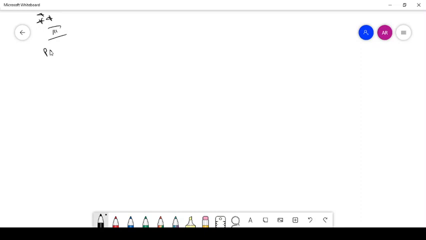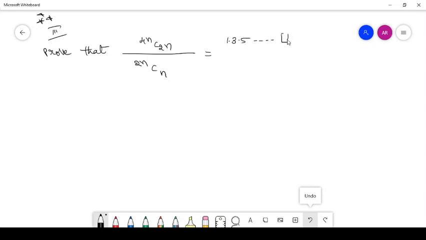Prove that 4nC2n by 2nCn is equal to 1, 3, 5 up to 4n minus 1 by 1, 3, 5 up to 2n minus 1 whole square.